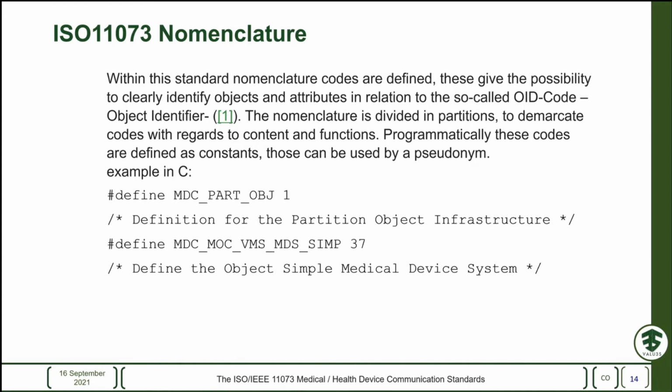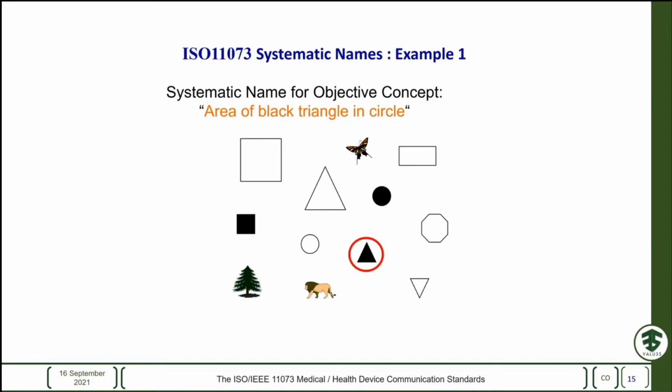Okay, let's go now to how the nomenclature is solved. Within this standard, the codes for nomenclature are defined, and they give the opportunity to identify objects and attributes in relation to the object identifier code. The nomenclature is based on concepts, and the way it is done is something like this. If we want to express the triangle with the background in black, we would classify the information like this.